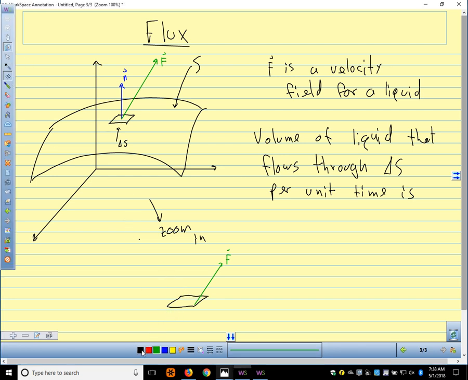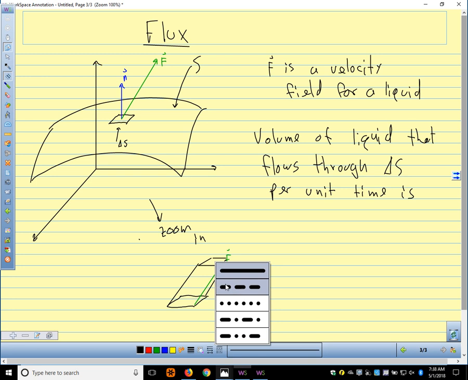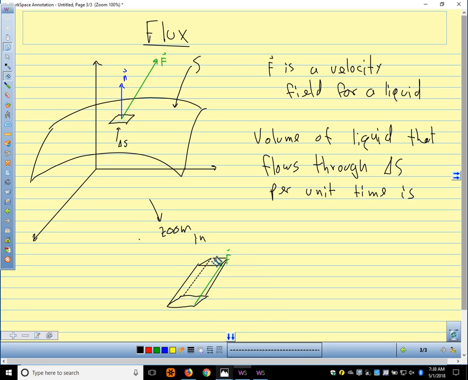Let me do this, like so. Let me undo that last little bit. It's a little better. And I'll make this backside dotted. There we go. So we have a little oblique prism.